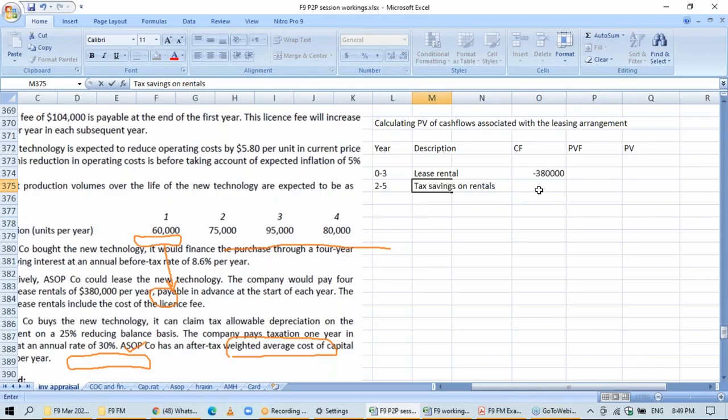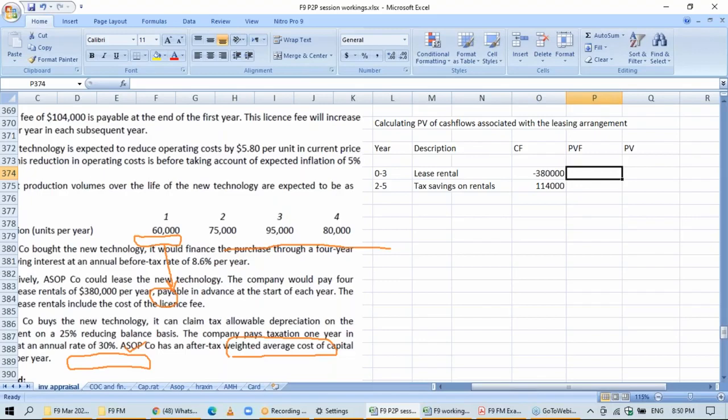So tax savings will be 30%, which is the tax rate, which makes 114,000. Now the present value fractions. For present value fractions, we can use an annuity as the cash flows are equal every year.